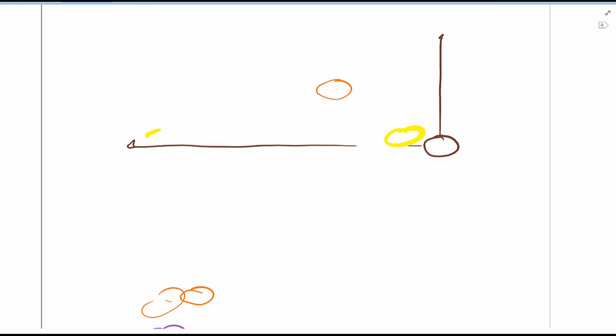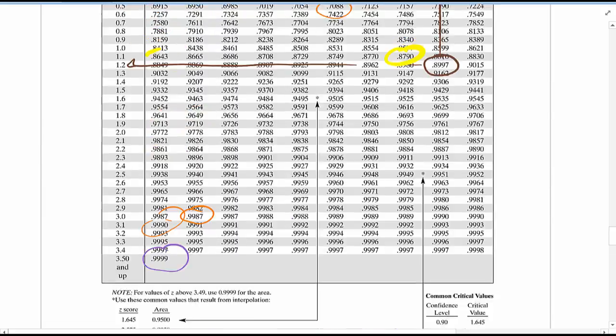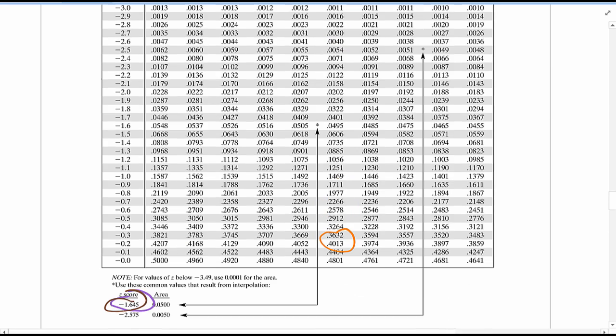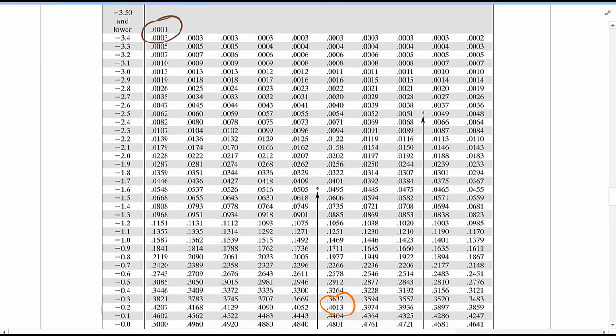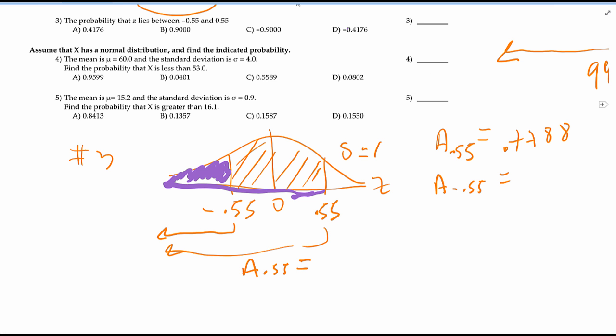So let me go here and read that from the negative table. Negative 0.55, negative 0.55, 0.2912.